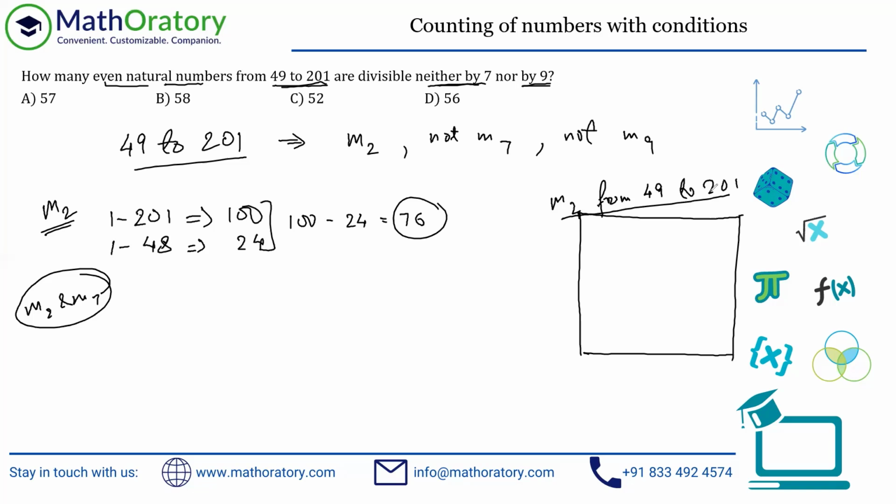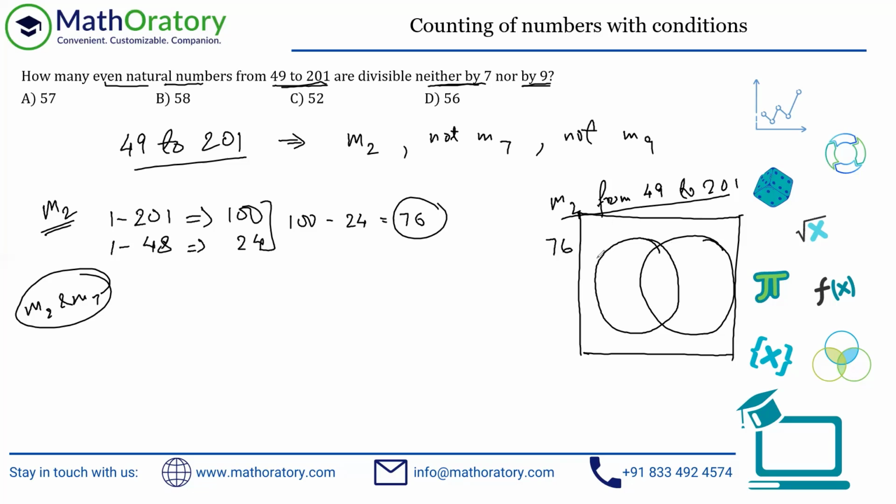I'm considering these set of numbers only, and there are 76 such numbers. So the universal set is from these 76 numbers only. Among them, we have to think about multiples of 7 and multiples of 9, and then we are going to ignore these and consider all the numbers which are outside this region.